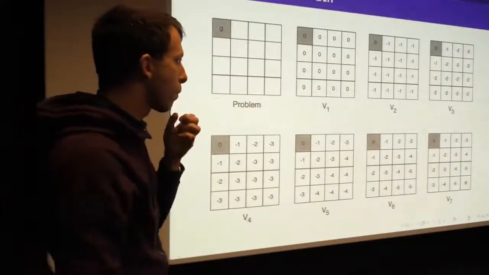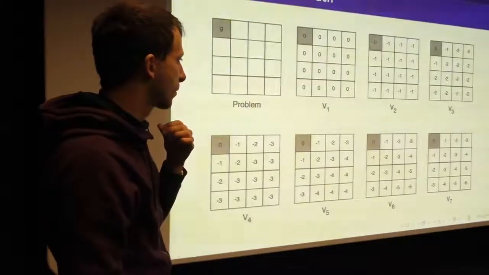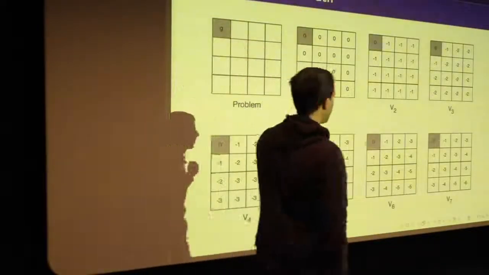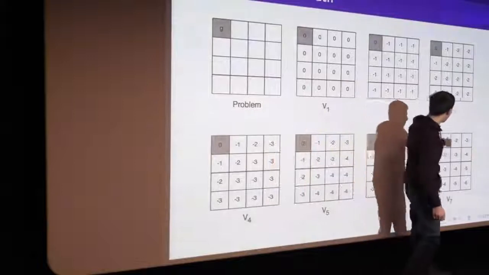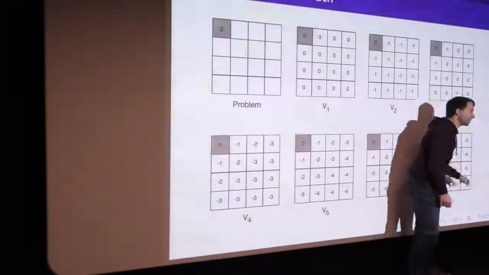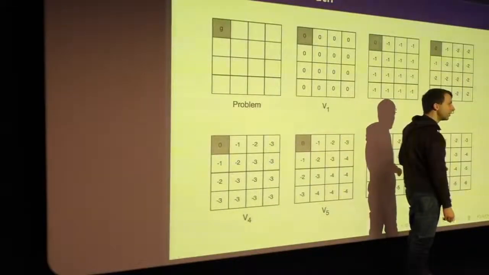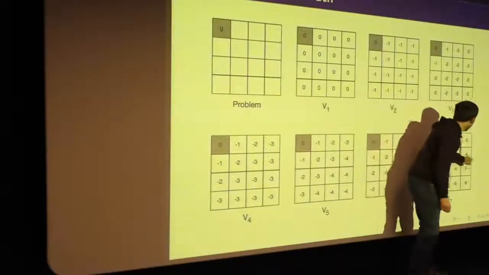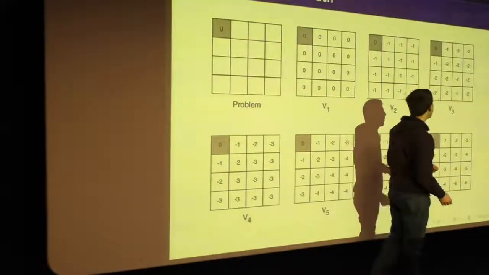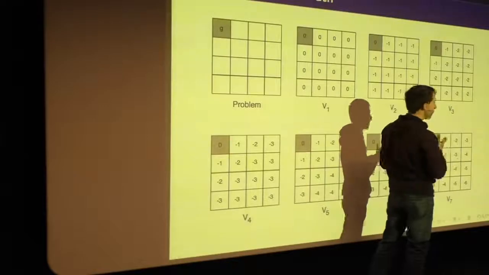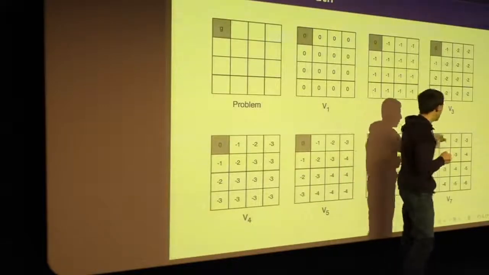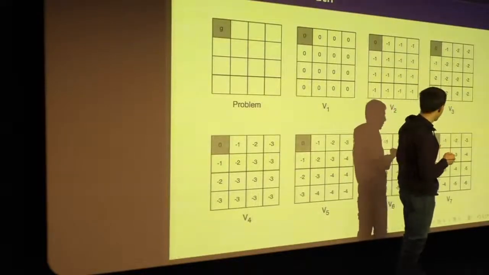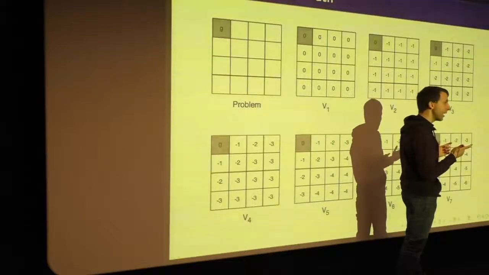Minus 6. How would we get minus 6 from that position? 1, 2, 3, 4, 5, 6. But you don't get minus 1 when you, sorry, the other way. Final step. 1, 2, 3, 4, 5, 6. So the definition of the small grid world was that every transition gets you minus 1 reward as you exit the state.